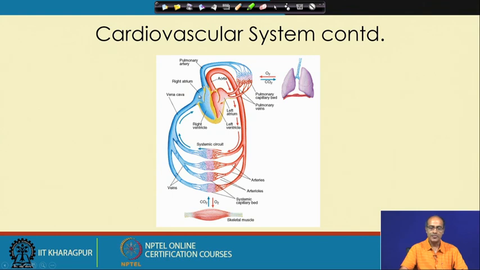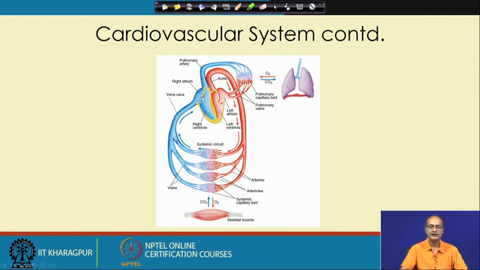Both the atria, right and left, contract at the same time. When they contract, the blood from the atrium flows to the ventricles, which are just below them.